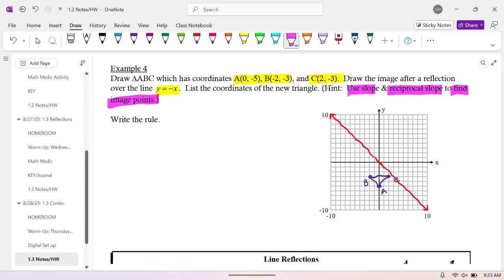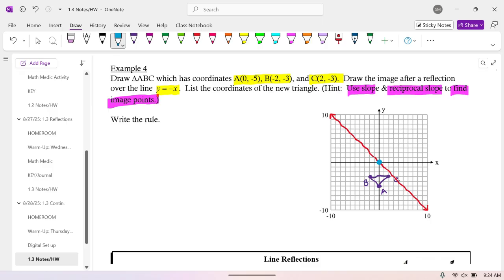So I'm going to pick, let's just go with the origin. That's always a good one. All right. So let's just go with the origin as our reference point. All right. We have to figure out the slope, that what it takes from each point. And then we do the reciprocal for our new image.